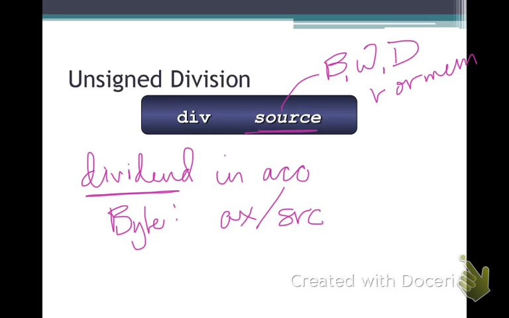Okay? And we'll talk a little bit about where the results of this are going to go. If it's word, then the dividend is a double word and will be in DX:AX as I divide DX:AX by source. D word will be in EDX:EAX.